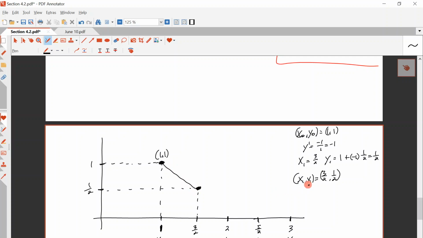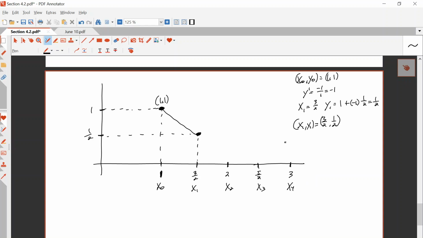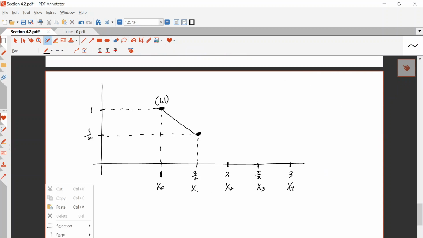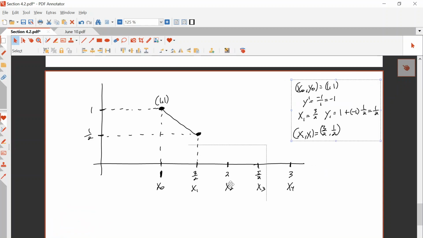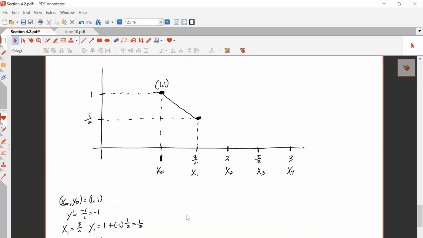All right, next point. So x0, y0 is 1, 1.